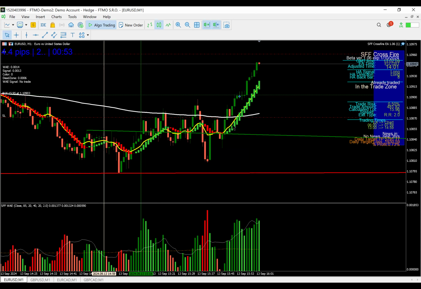Okay. And you see this strong upward movement of the Heikin-Ashi candles. That's because, or is it coincidental? But this crossover, I think, is the thing that's going to make this Crossfire trading assistant work really well. We spotted this.